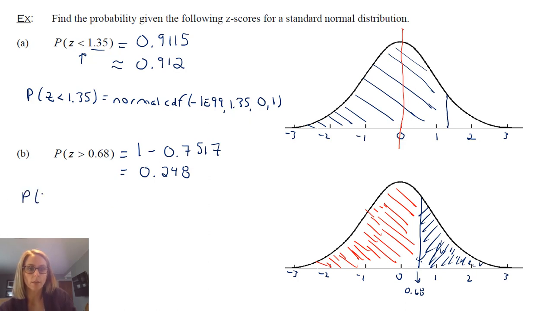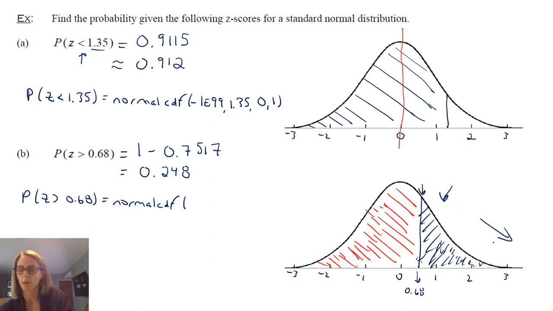Now for the second one, this is kind of a different example. You would use normal CDF. What normal CDF is going to do is it's always going to add up whatever area is between the two values that you put in. So in this case, we wanted this area over here, which started here and ended infinitely far away.